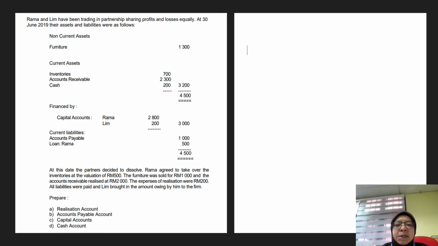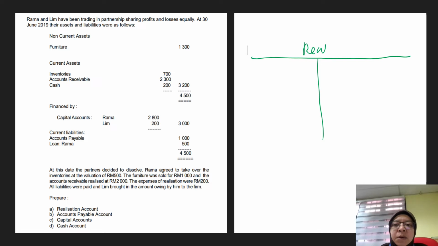So based on this example, this is our realization account. Just now we have already debited the actual amounts from the SOFP. Here they mentioned that the furniture was sold for 1,000.